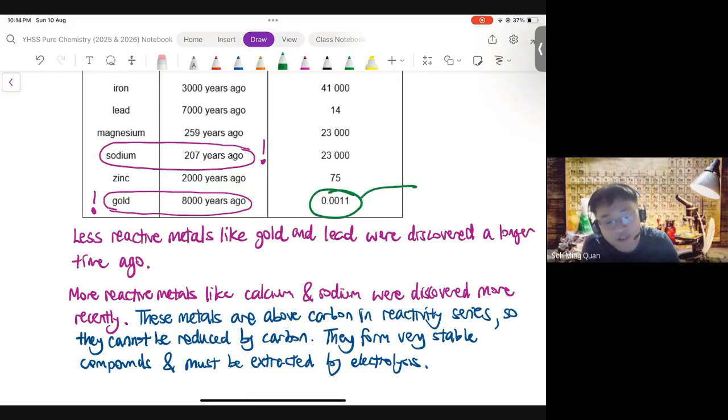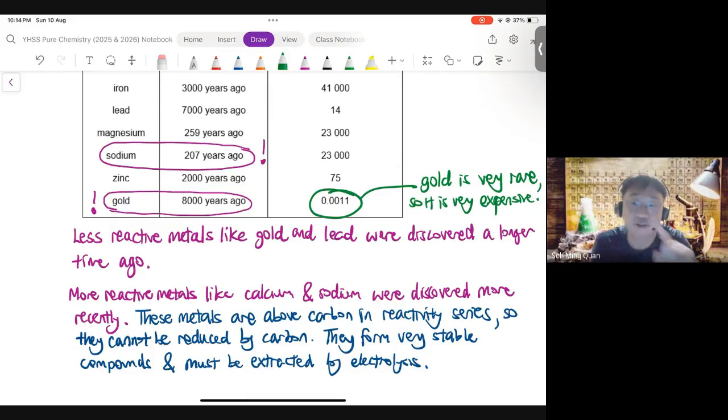Gold is expensive because gold is very rare. There is so little gold on Earth. You can clearly see the number for the abundance is so low. This tells you that gold is very rare. So it is very expensive. The cost comes from the rarity, not from the difficulty of extraction.